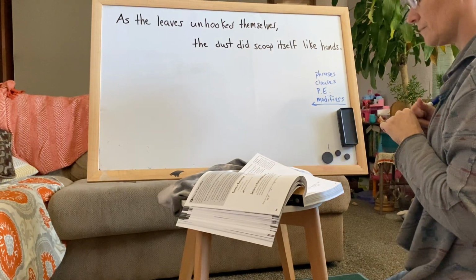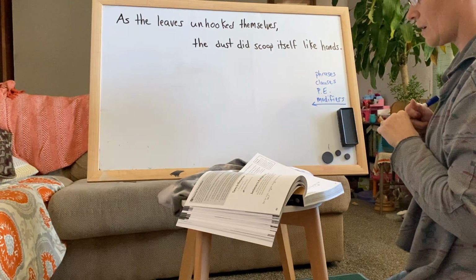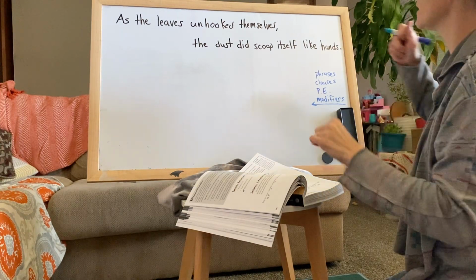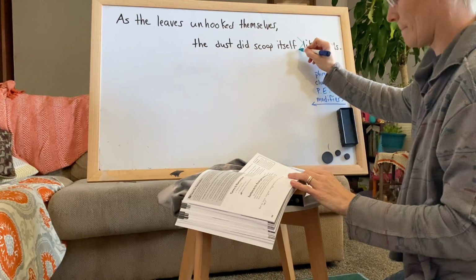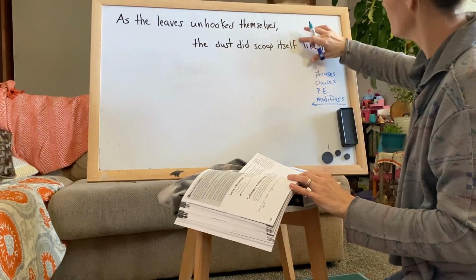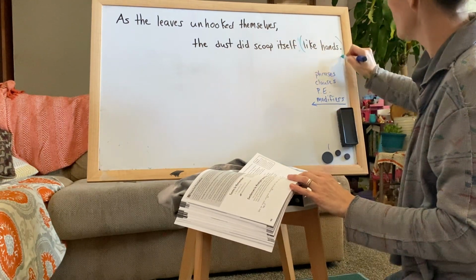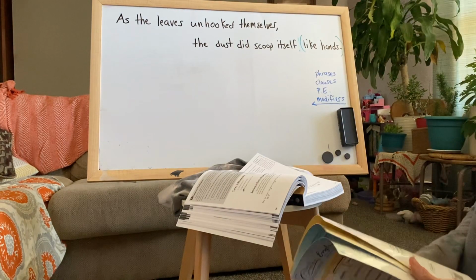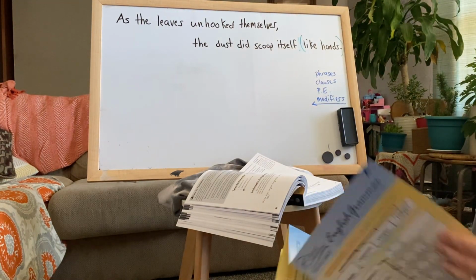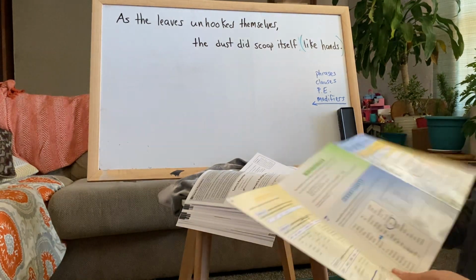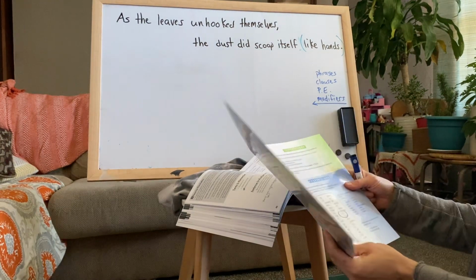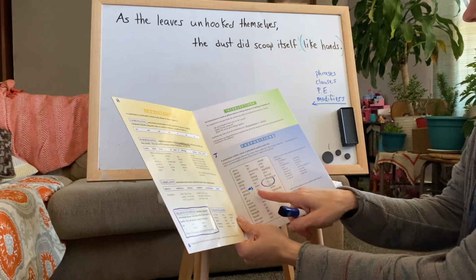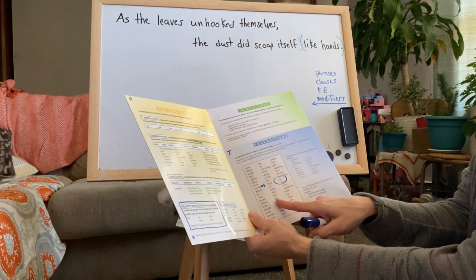As the leaves? No, that would be a clause. As, like. Like hands. And if you can't remember your prepositions, remember it is chart J. So we have in, inside, into, like, near.